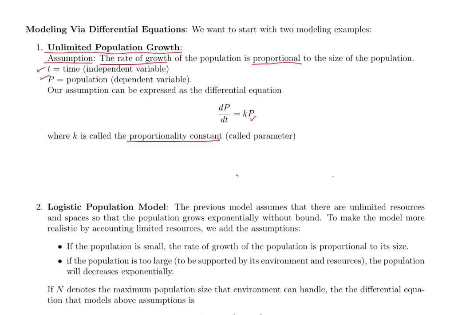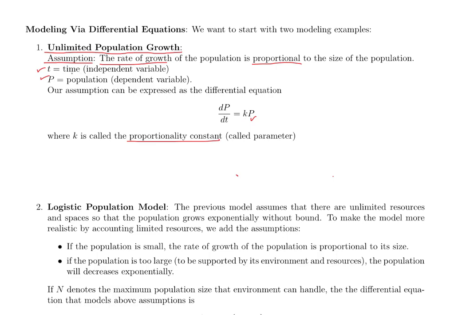So this constant k depends on what type of species we are looking at. For example, for the rabbit population, k is different, and for bacteria population, k might be different. Okay, so k does not depend on time.